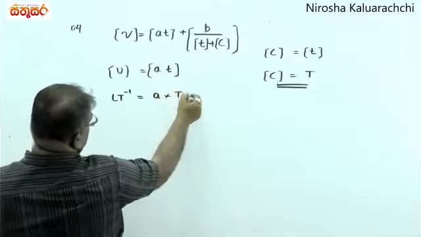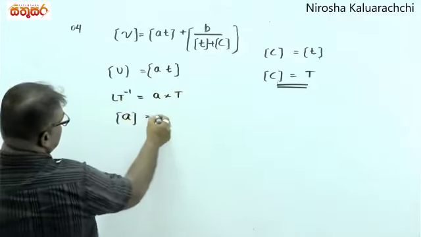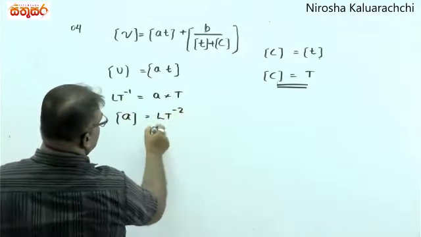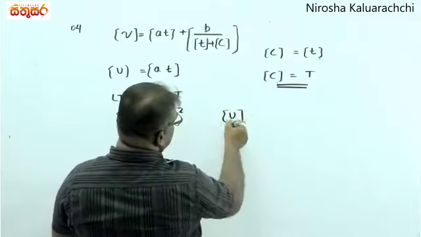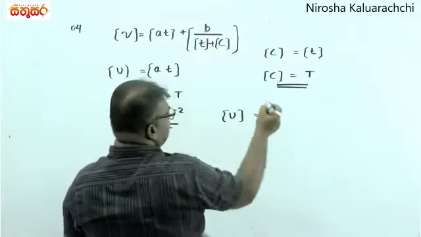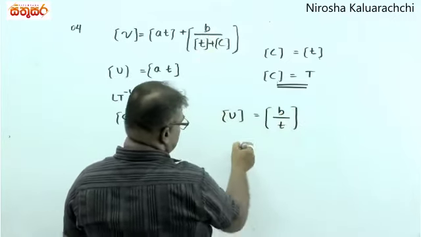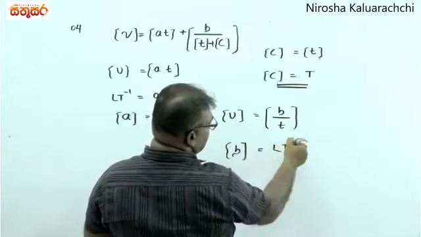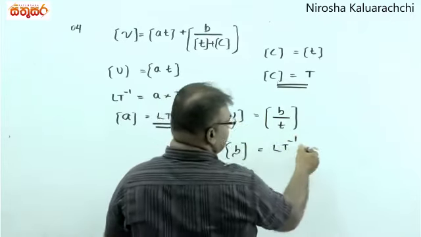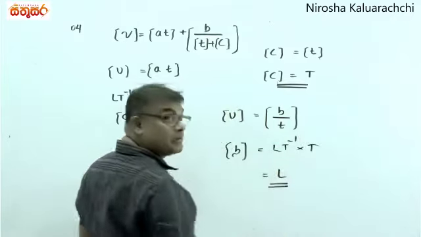For A, T comes down and goes up. A dimensionally we have acceleration as well. V dimensionally we have B over T. Yes. Then B becomes dimensionally L T minus 1 cross multiplication T, T minus cancels, it becomes L, right?